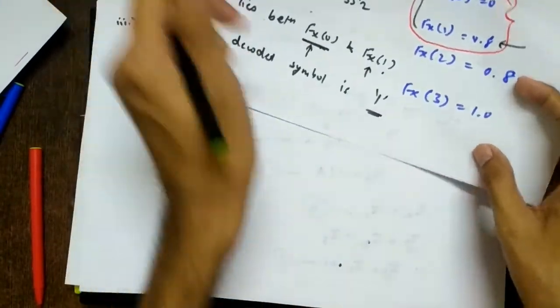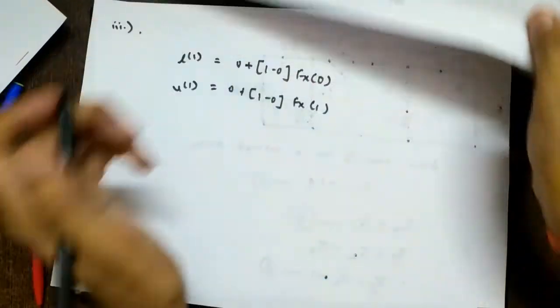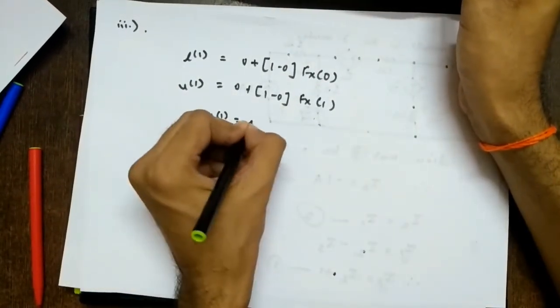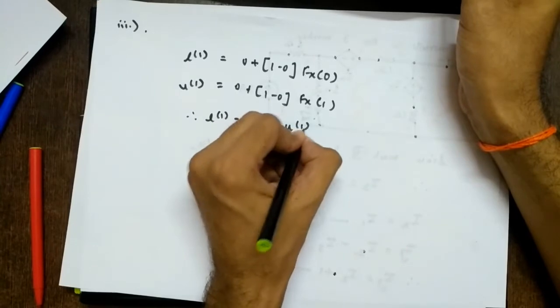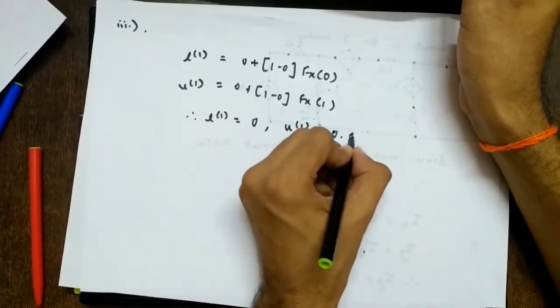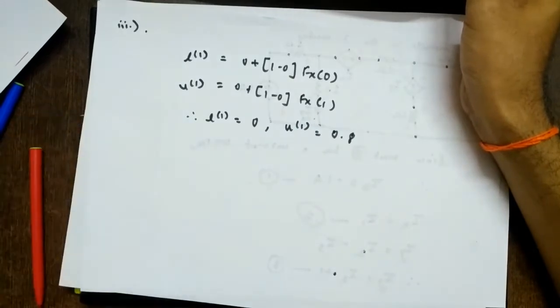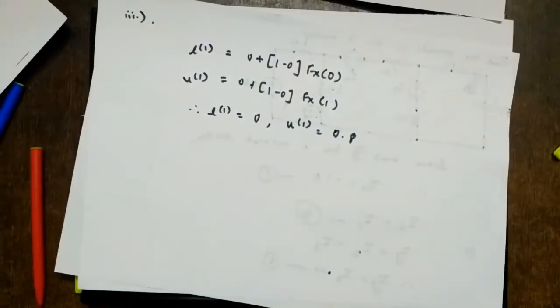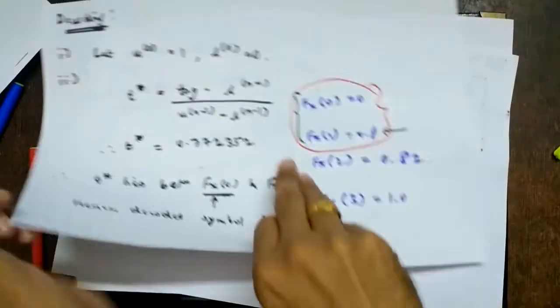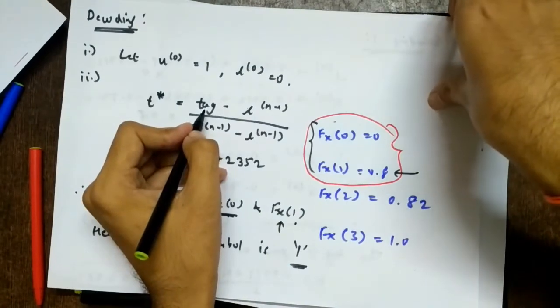So we already have fx of 0 as 0, fx of 1 as 0.8. So what we get, therefore, is L of 1 equal to 0, U of 1 equal to 0.8. So the interval is 0 to 0.8. So again calculate T star. What is the formula for T star? This. Tag. So what is the tag?